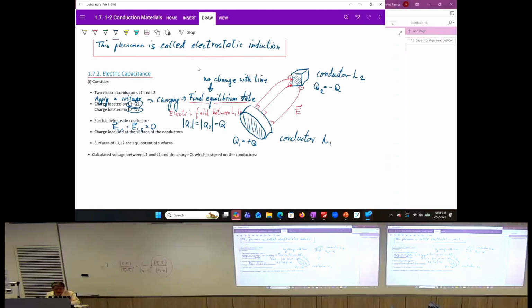So the charge is then localized at the surface of the conductor, right? Why is that?